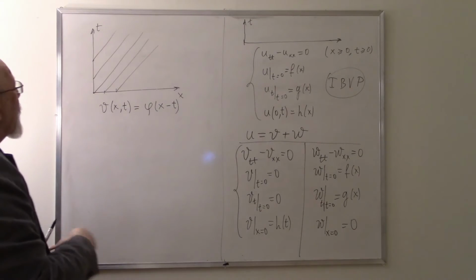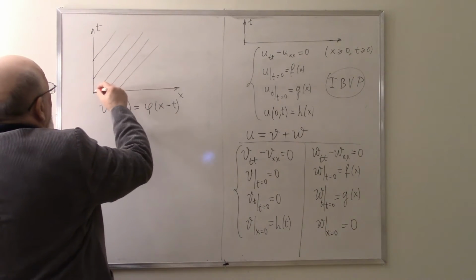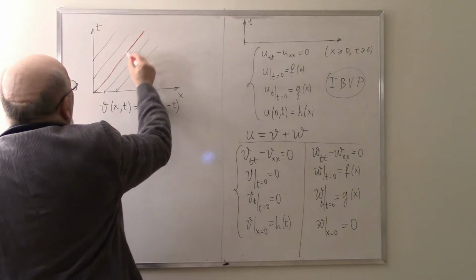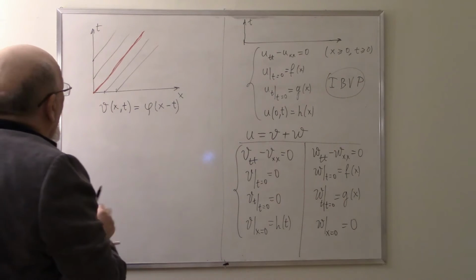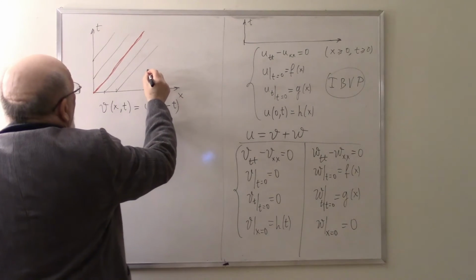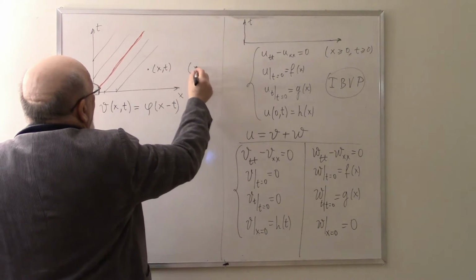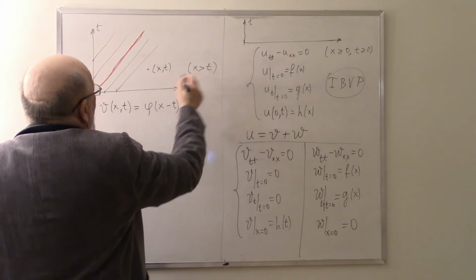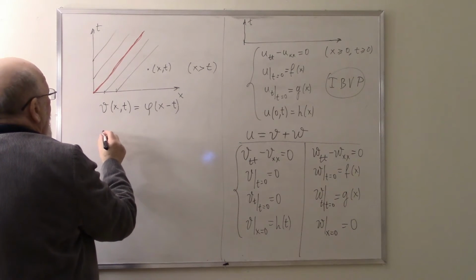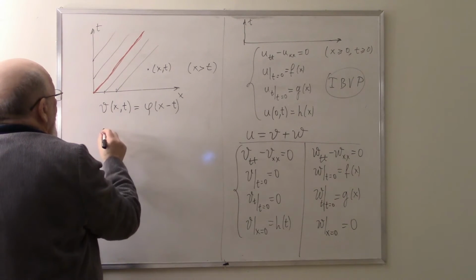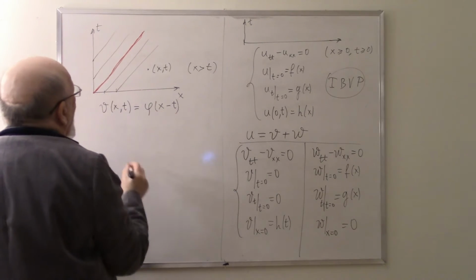We have to divide our quarter plane in two parts by this diagonal. Here we write the point x, t where x is more than t, and we write u as this function.